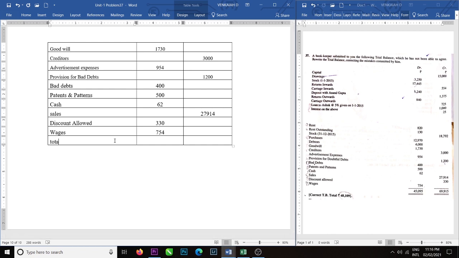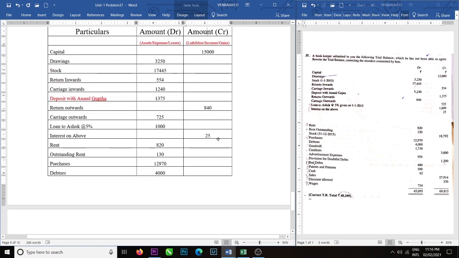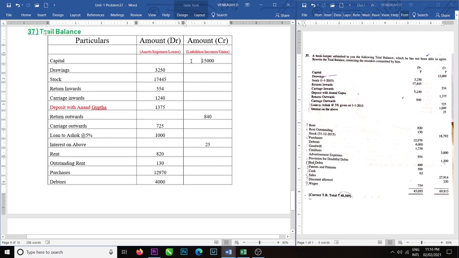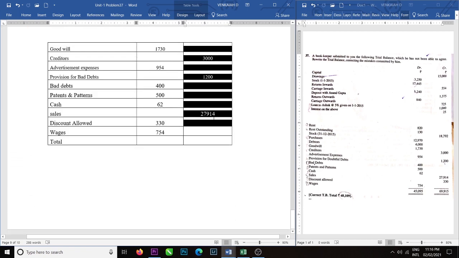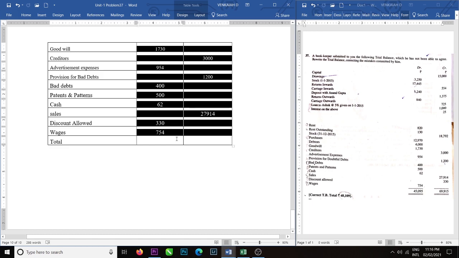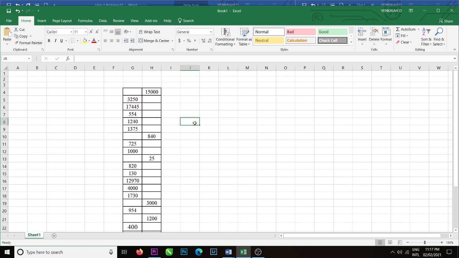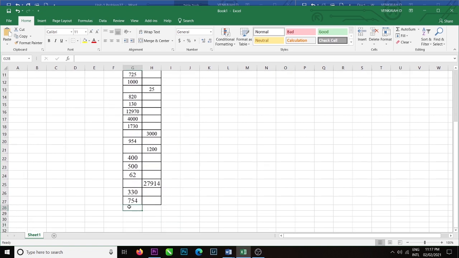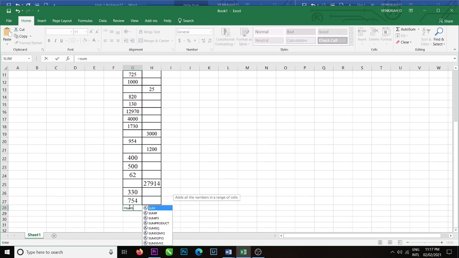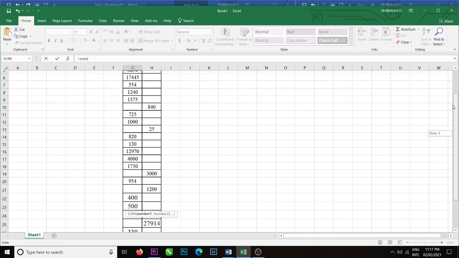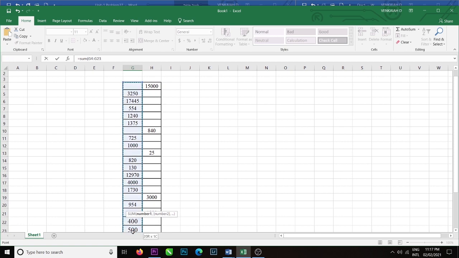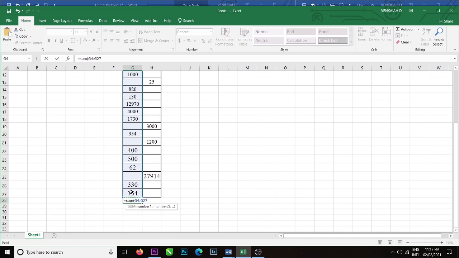We check with total. There is a difference of 130 rupees.